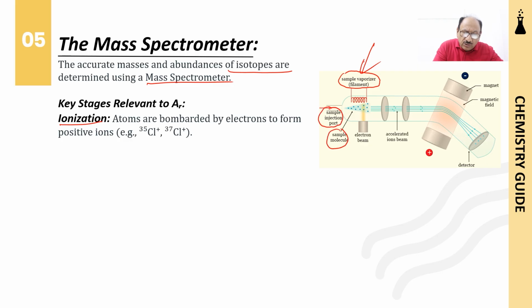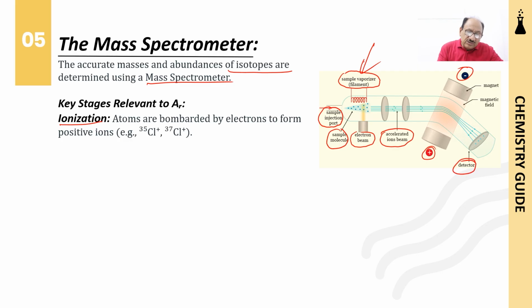The functioning in detail is not in your syllabus; I'm just explaining for your understanding. Then there is the electron beam, accelerated ions go to this level, and due to the magnetic field they have different deflections, and the detector is here.